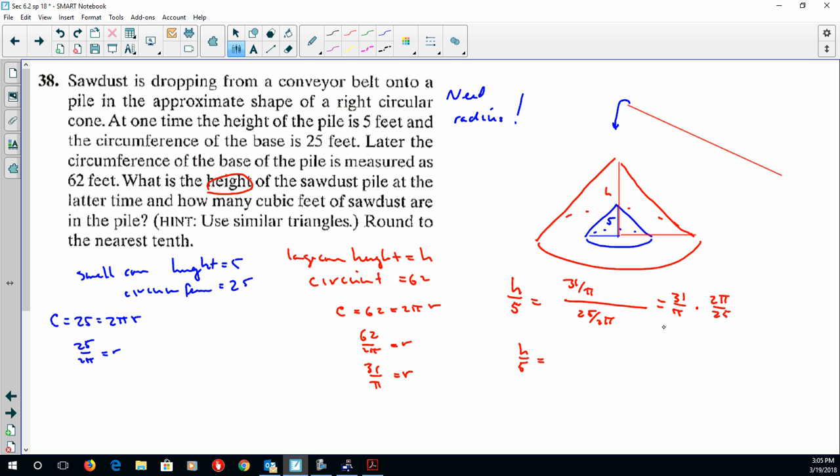The 5's cancel. H is 62 over 5, which is 12.4 feet. And we're just about ready now. That's the height of the sawdust at the later time. How many cubic feet?